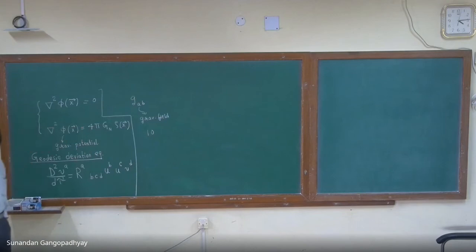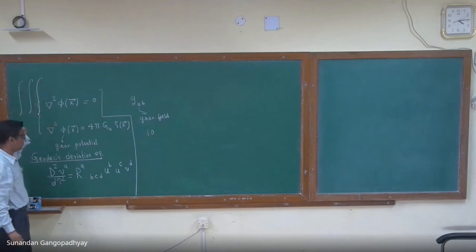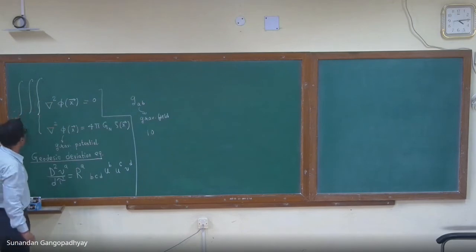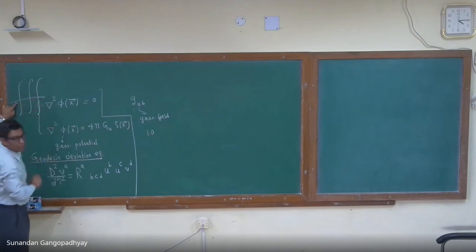You can go through the derivation in the notes. But if you have some geodesics like this, parameterized by tau, infinitesimally close geodesics, in this direction tau increases, and on this line, all these geodesics are at the same tau.